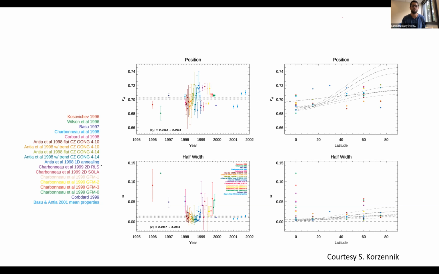Okay. And the other thing, and Sylvain mentioned this, but it's something to bear in mind when you're looking at results from earlier periods, you're looking at different data sets than the high duty cycle, long time baseline space-based sets we have now.